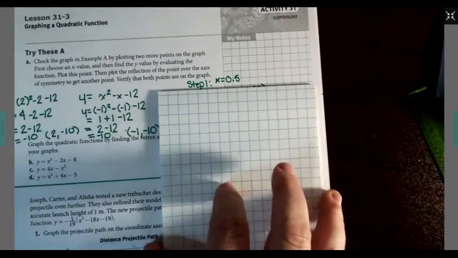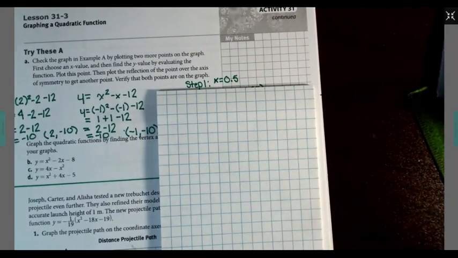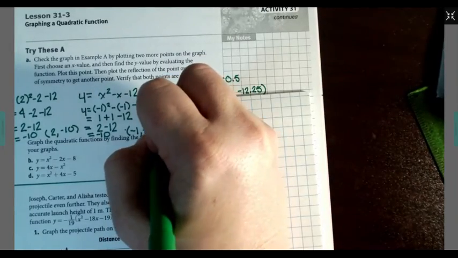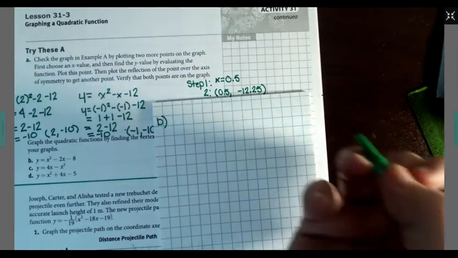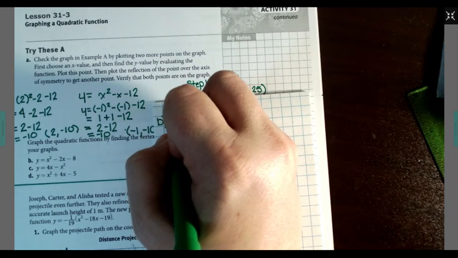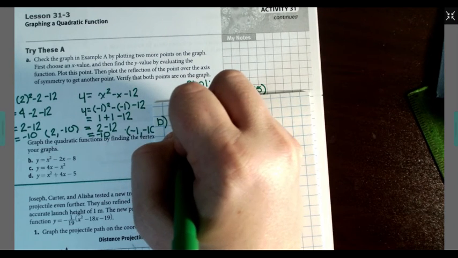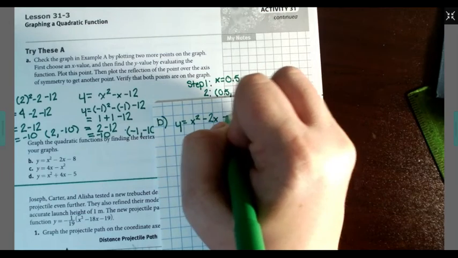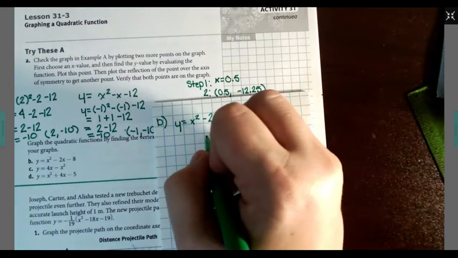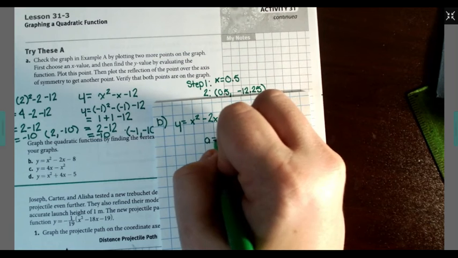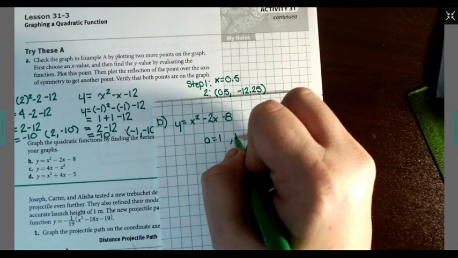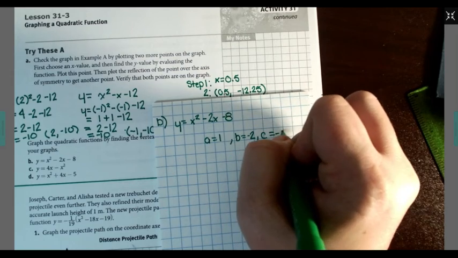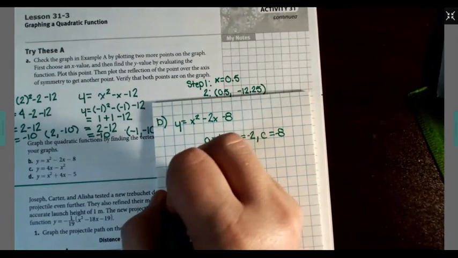So it always says find our axis of symmetry. So we're going to do B. And to do that, this is y equals x squared minus 2x minus 8. So we're going to identify A is 1, B is negative 2, and C is negative 8.